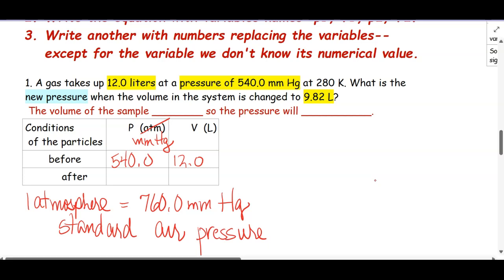It says, what's the new pressure? What's the new pressure then when the volume in the system is now 9.82 liters? Oh, at least we kept the same unit of liters, right? All right.